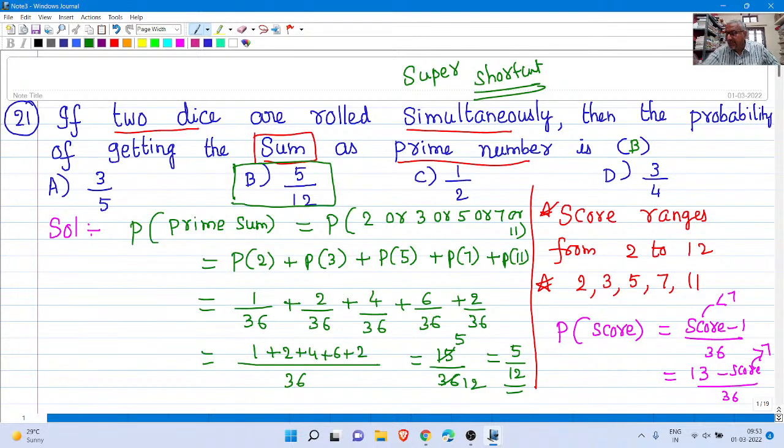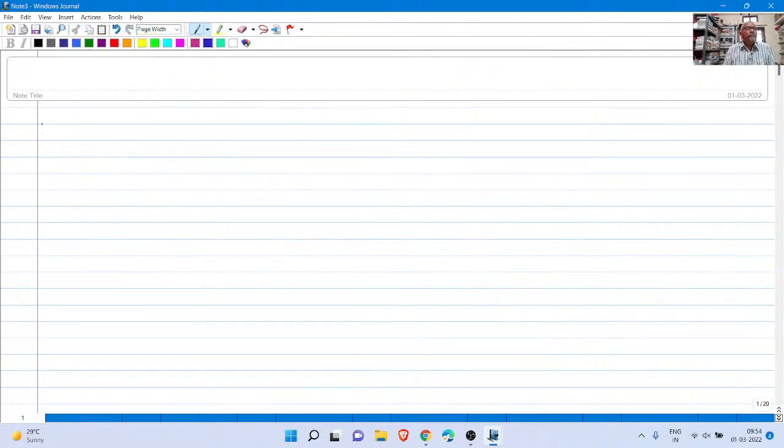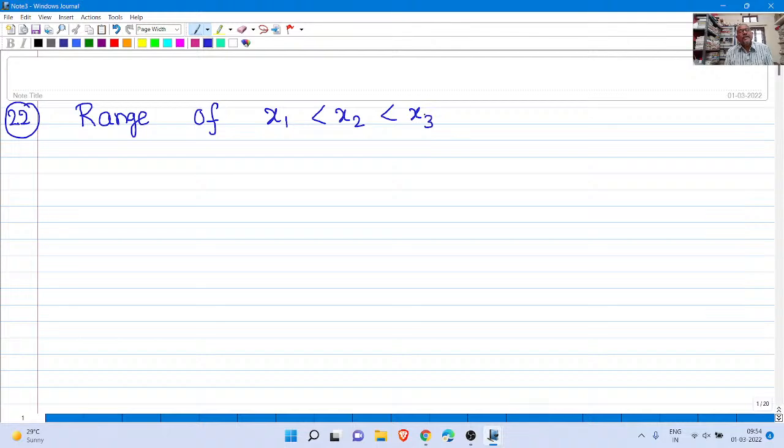Let us move to yet another problem. 22nd problem. The range of x1 less than x2, x2 is less than x3, x3 is less than x4 is 20.